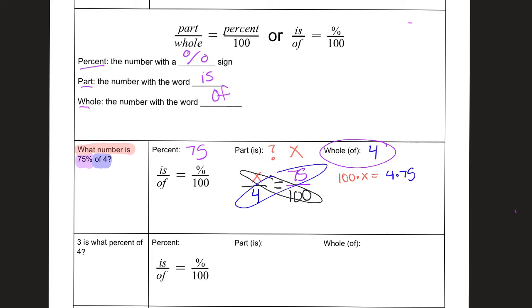Okay, and then I'm going to do the multiplication. 100 times x is 100x. 4 times 75 is 300. And I need to solve for x, so since it's 100 times x, I undo that by doing the opposite. Divide by 100. X equals 3. So 3 is 75% of 4.